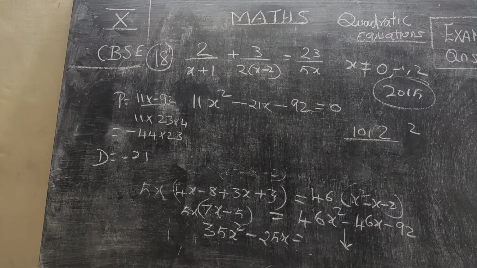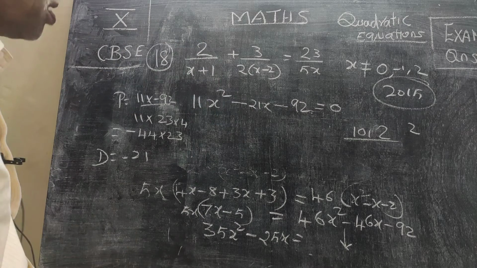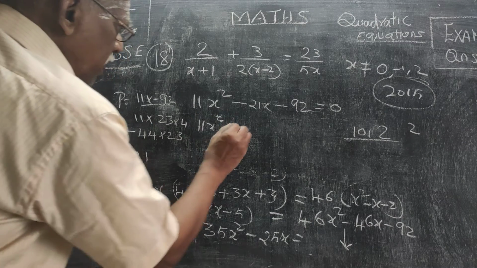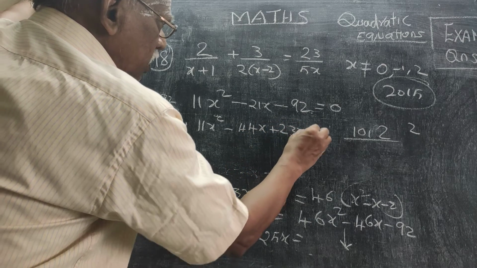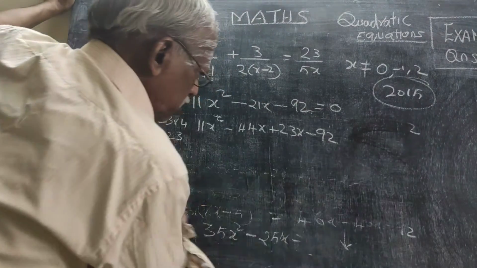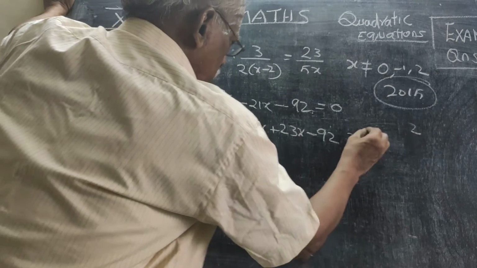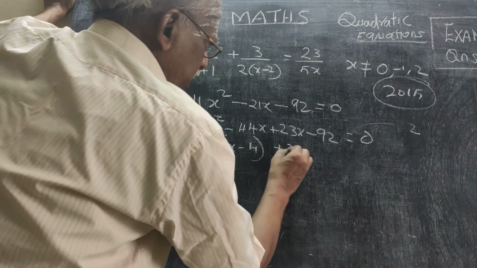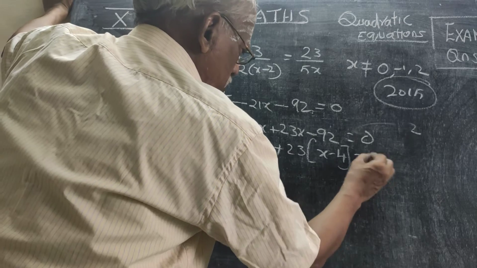We got the factorization. Now let me rewrite this, 11x square minus 44x plus 23x minus 92 is equal to 0. The result is now 11x, you take it, and so you will be getting x minus 4, and here you take 23, you will be getting x minus 4 because 23 into 4 is 92.